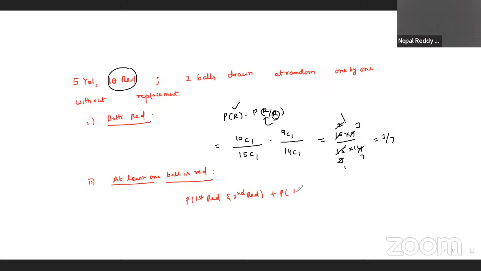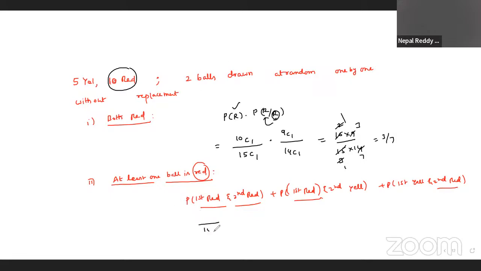First case red and in the second case yellow. Next, maybe the first case itself yellow, and then the second case may be red. At least 1 ball is red is given. Maybe both times, or maybe the first time or second time he may get a red ball, right?